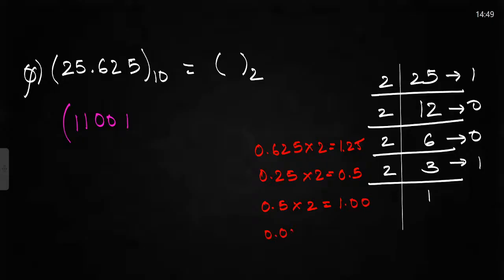If you multiply 0.0 by 2, again you will get 0. So what we can observe here, you need to write these ones. So here it will be 101. So 25.625 I can write as 11001.101 in binary form.